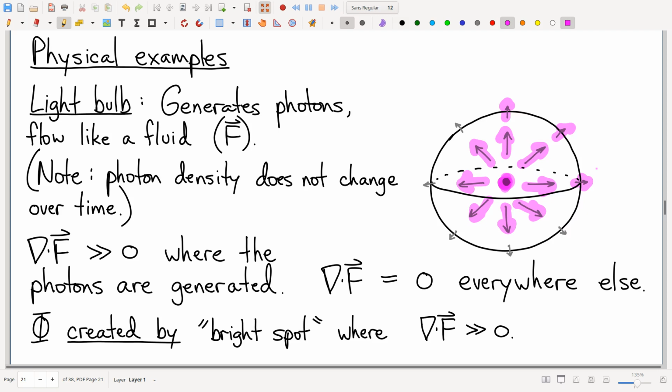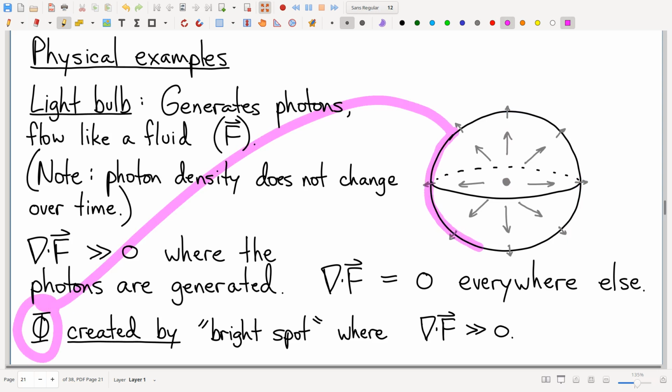Well, that said, this setup being arranged, let's talk about the flux through a sphere. I'm going to imagine a sphere like this.